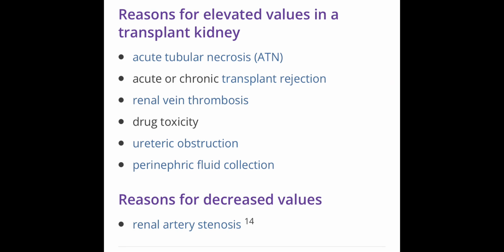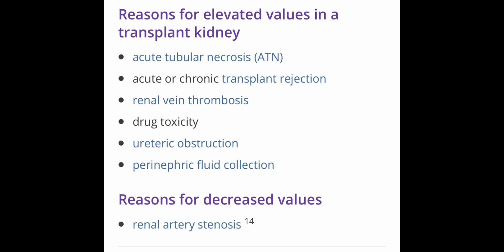It may be due to acute tubular necrosis, acute or chronic transplant rejection, renal vein thrombosis, drug toxicity, ureteric obstruction, or perinephric fluid collection. In all these conditions, the renal resistive index is increasing. But in one condition the resistive index is decreasing, and the reason for that is renal artery stenosis.